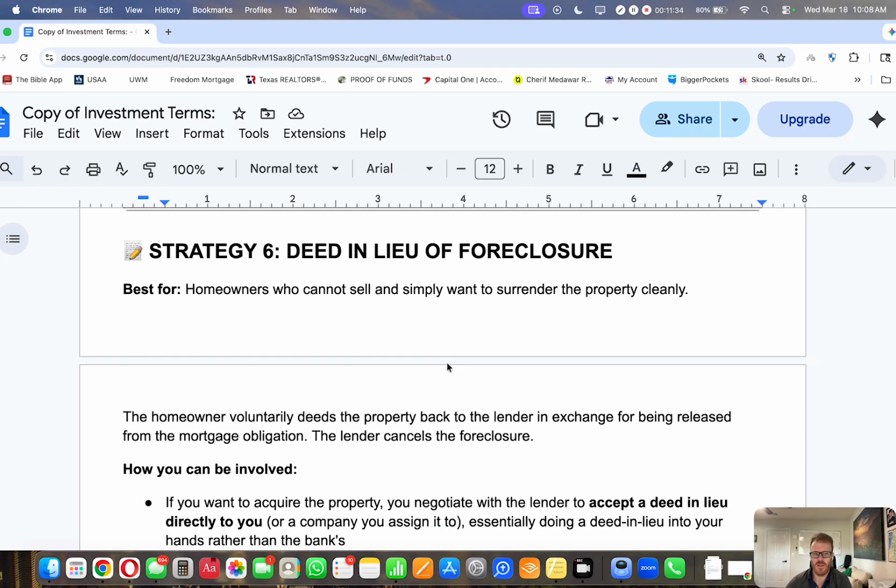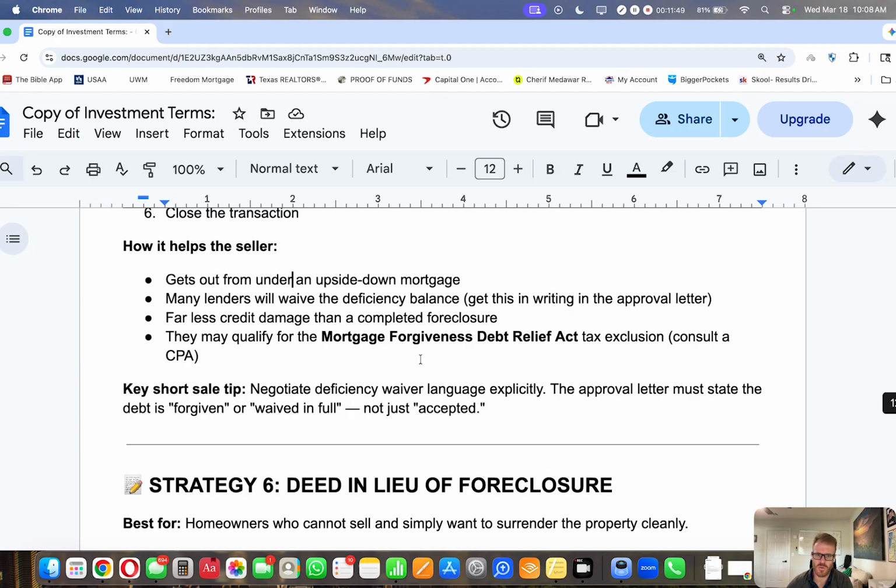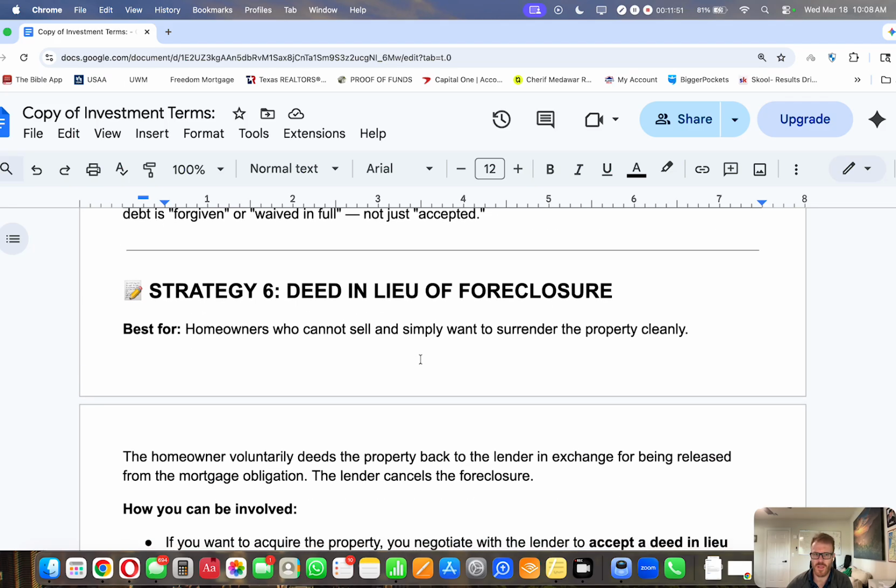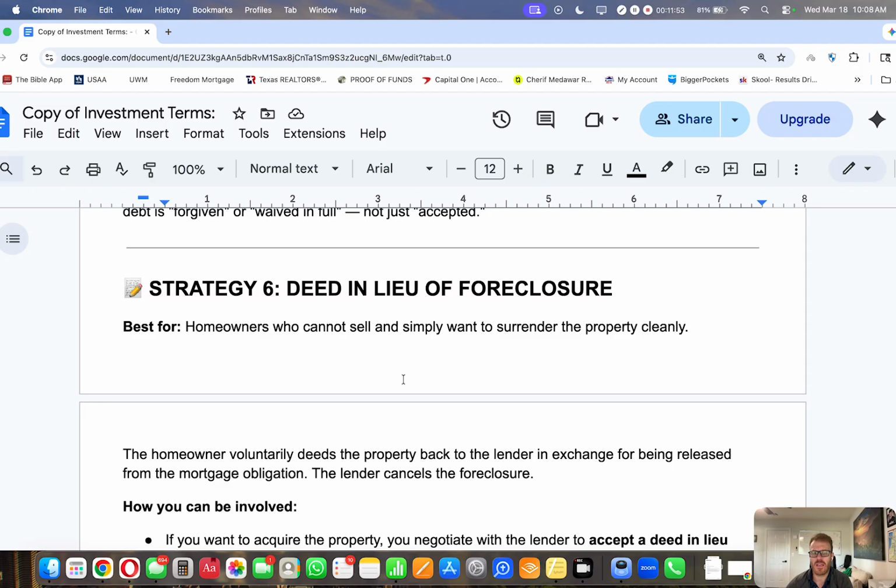Another thing that is better than a foreclosure, in the event that we are not able to help with a situation, just because of the numbers, or a short sale doesn't work, is that we can help the borrower essentially give the house back, deed the house back to the lender, with something called a deed in lieu of foreclosure. So it's like, hey, the borrower has no options, they don't know what to do.